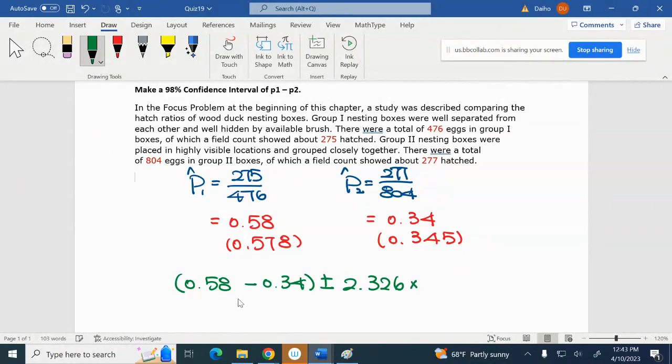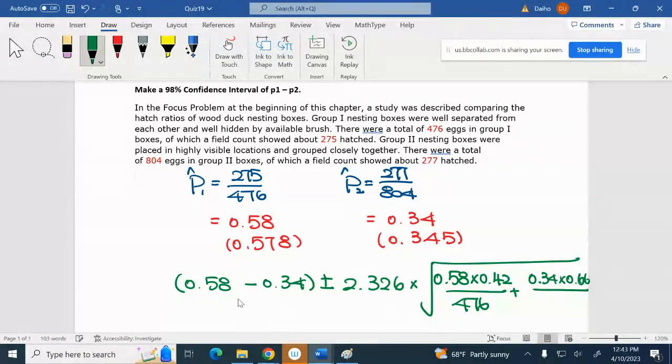Did you get it? Yeah, it's times. Right now, then it's 0.58 times 0.42 divided by 476. And the other one will be 0.34 times 0.66 divided by 804. Am I right?